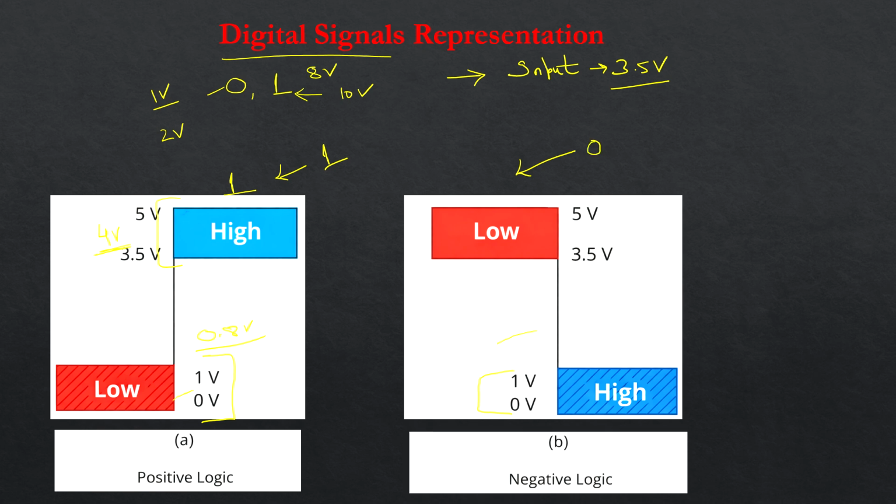Okay, now let us say that your input is 0.9 volt. Now what would you say? It falls here, so it would be read as a 0 when you are using positive logic, and it would be read as a 1 if you are using negative logic.